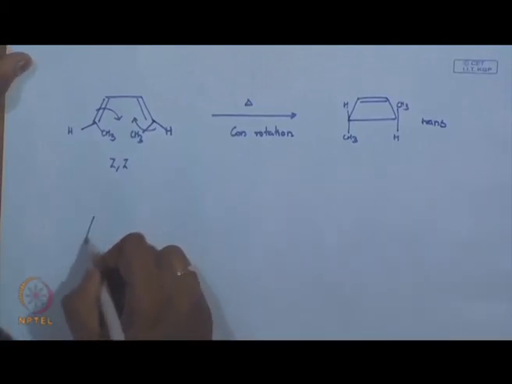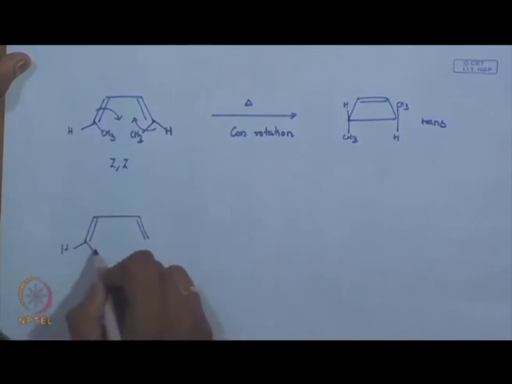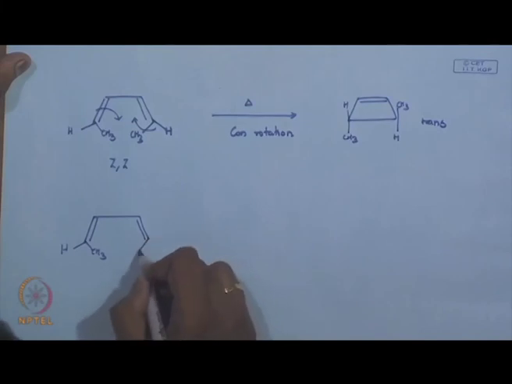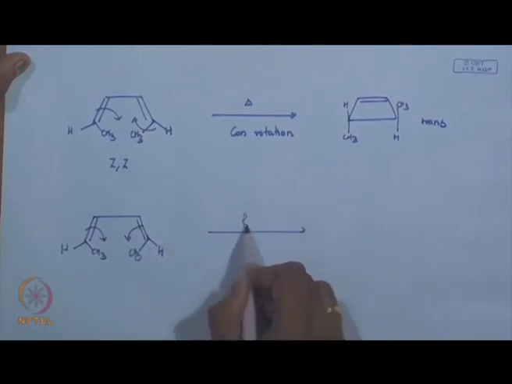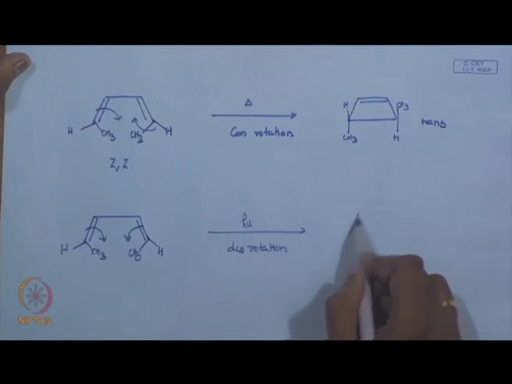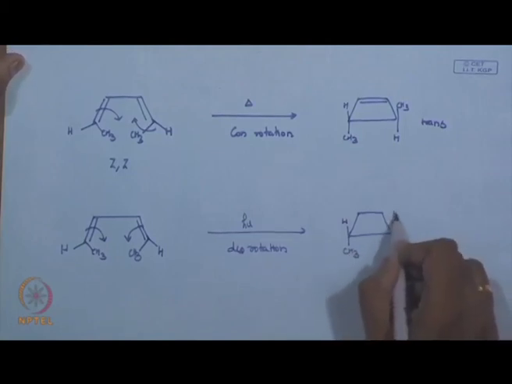In the same way, if you take the same substrate and see what happens in light, because they are this rotation, light. So, you have H and you have CH3.